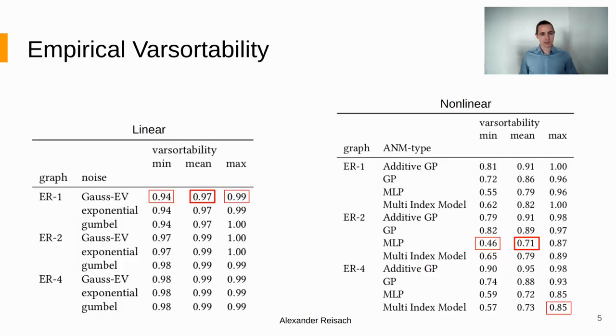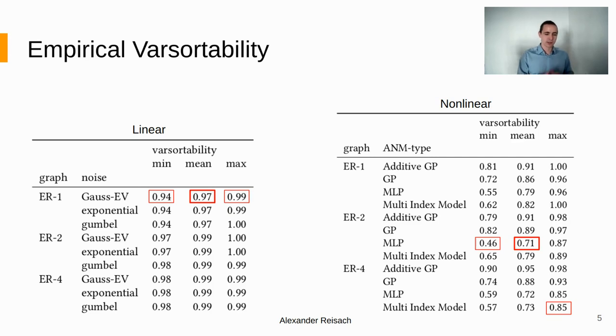And when we look at data generating processes, for different choices, we generate data and we assess Varsortability within them. What we see is that for linear functional relationships, also for nonlinear relationships, different graphs, different noises, we see extremely high Varsortability. So these are choices that are somewhat representative of what is usual in the literature. Depends a bit.